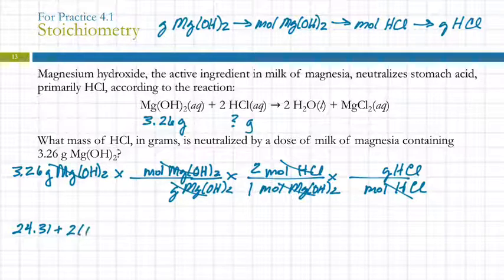So plus 2 times the mass of oxygen and 2 times the mass of hydrogen. 58.326.